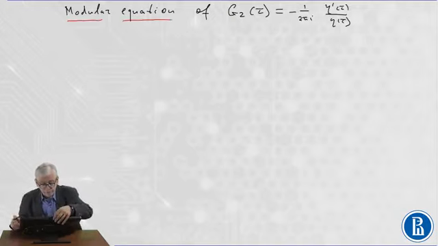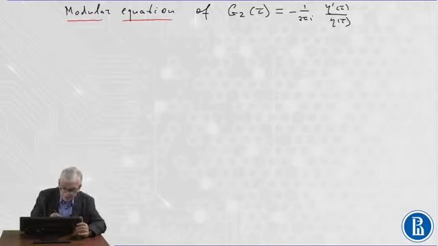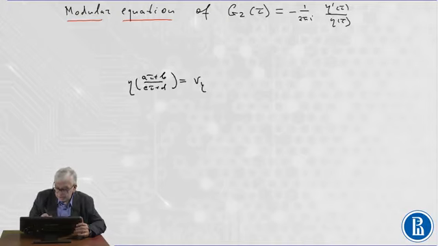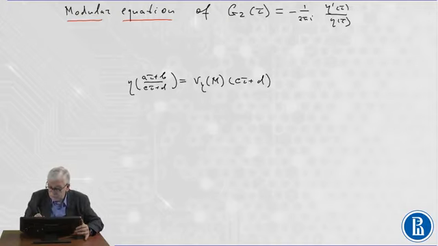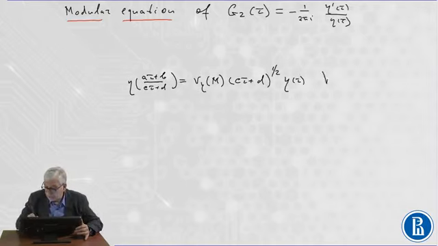First of all, let me write down the modular equation of the Dedekind eta function. Multiplied by a multiplier system, a root of unity of order 24, eta of M tau equals c tau plus d to the power 1/2 times eta of tau, for any M equal to (a, b, c, d) in SL2(Z).